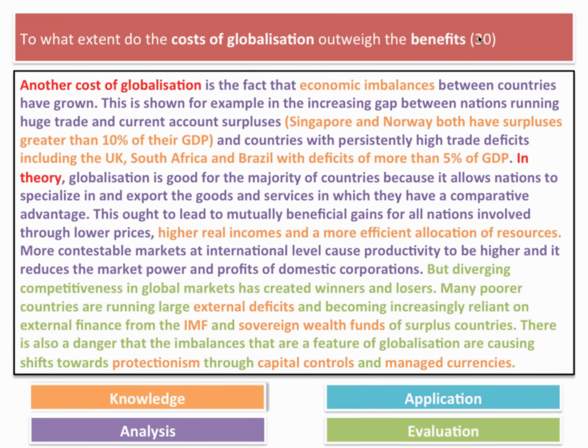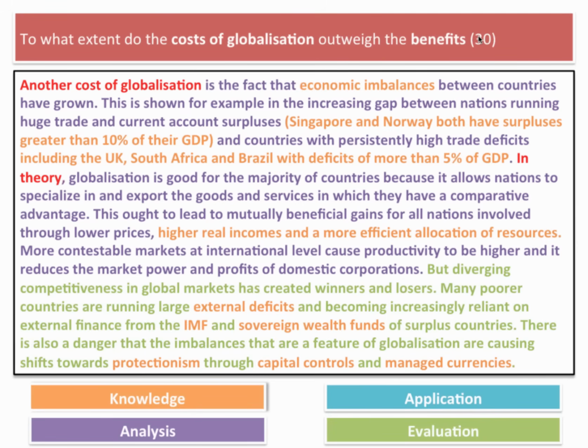Okay. Another cost of globalization is the fact that imbalances between countries have got bigger. So I'm arguing that globalization has caused rising inequality. It's also caused increasing imbalances, particularly countries that are running huge trade surpluses, Singapore, Norway, compared with countries like South Africa, Brazil, and the African countries with big trade deficits.